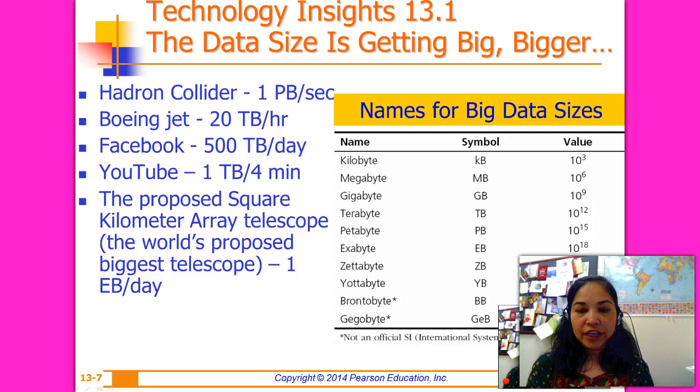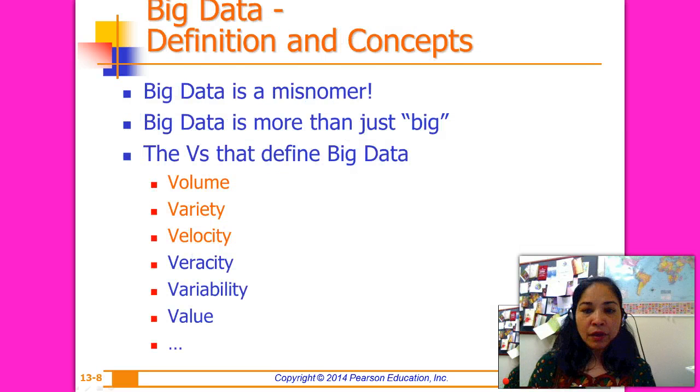Next, the V's of big data. The first one is volume, then variety, velocity, veracity, and variability, and we will talk about each of them. They define big data. Volume means the amount of data.